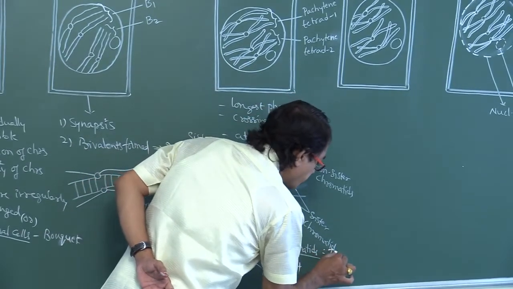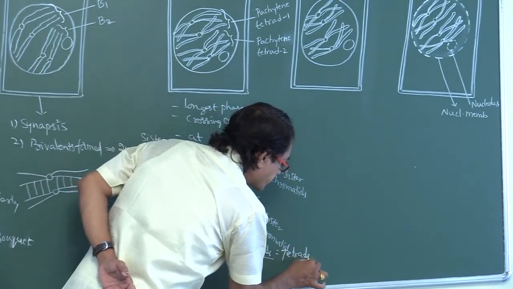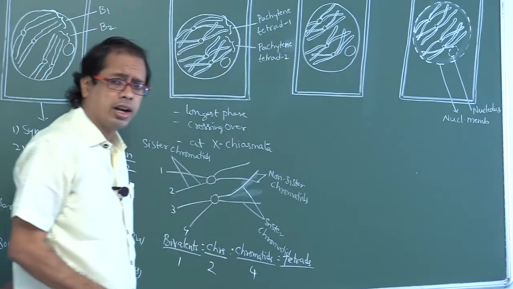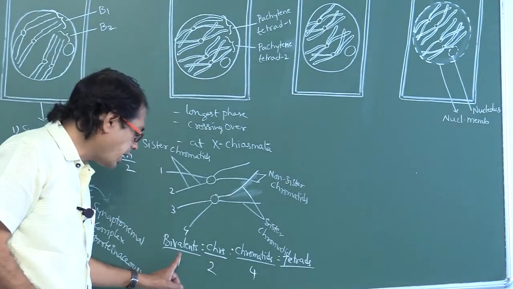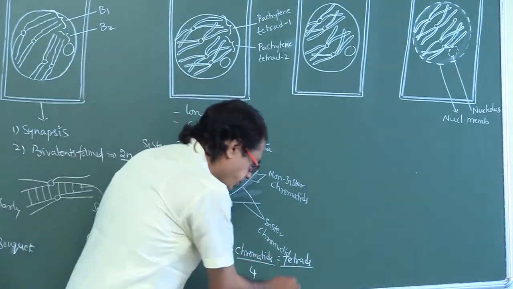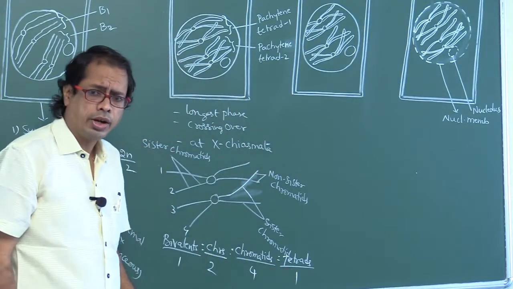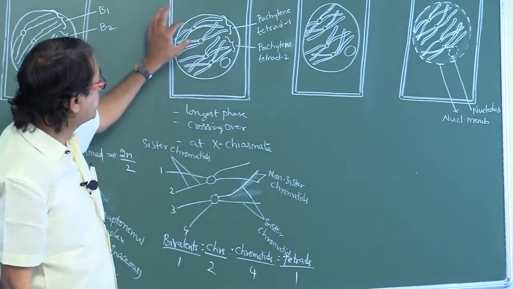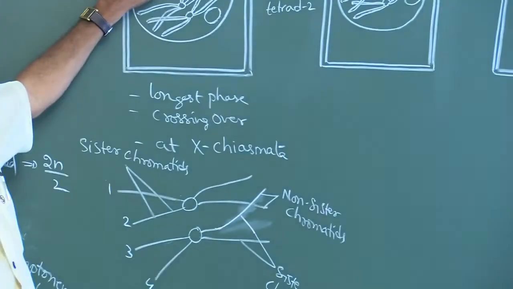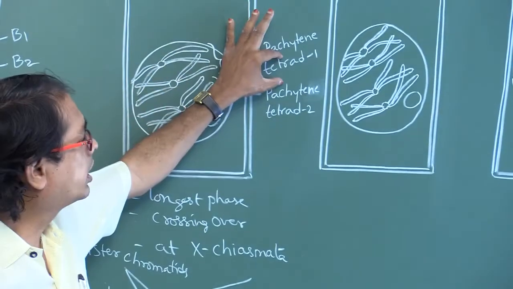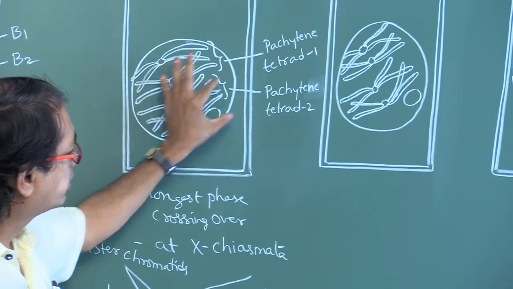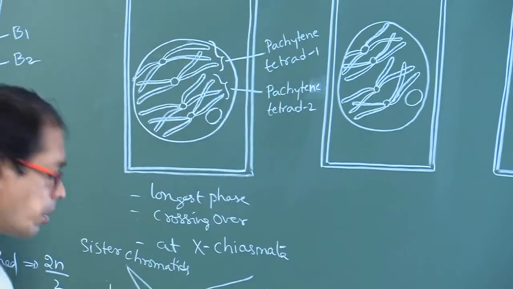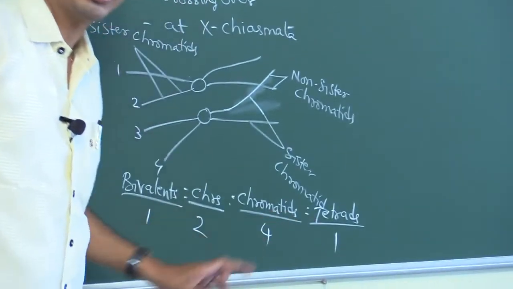And next, the number of tetrads: one bivalent contains one tetrad. Try to understand: this is one bivalent, and this is the second bivalent with the second tetrad. So the number of bivalents is equal to the number of tetrads.